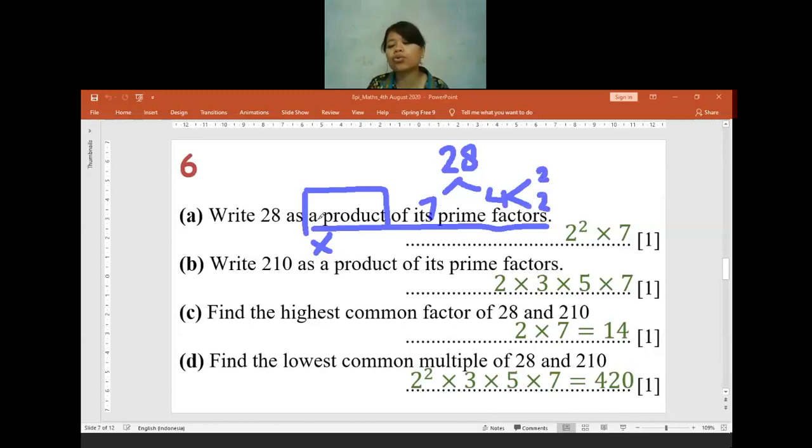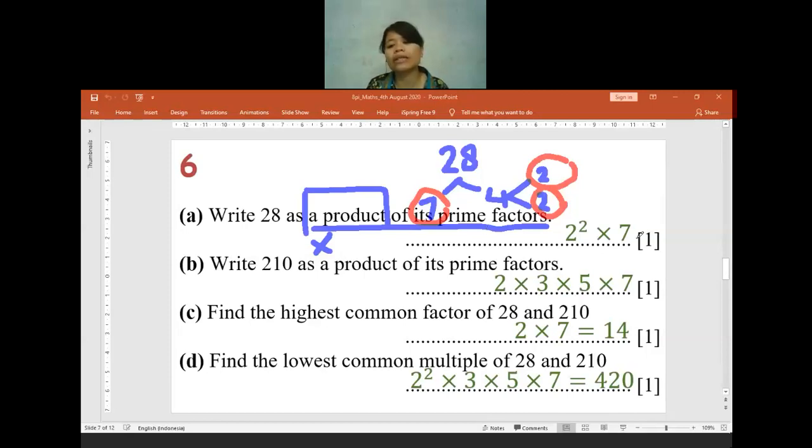But if I do 2 and 7, when I multiply them, the answer will not be equals to 28. So it means I have to write all the numbers at the end of the branches of the factor tree, which are 2 numbers of 2 and 1 number of 7. We need to multiply them because product means times. So I need to make a multiplication.